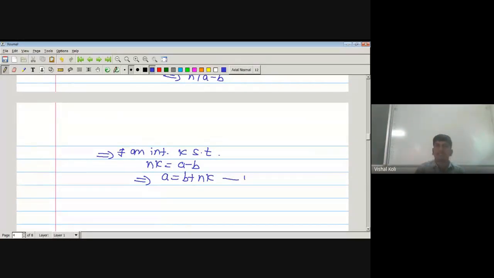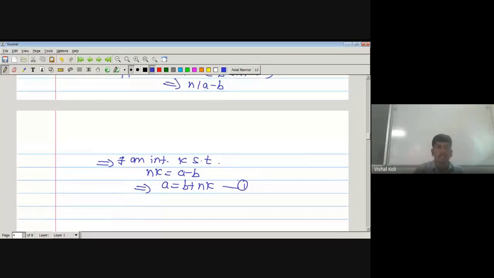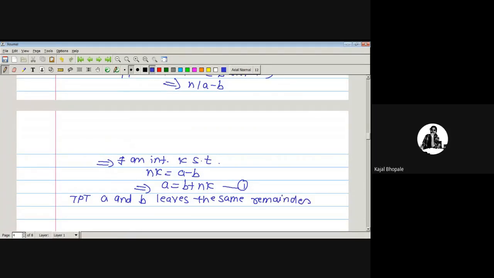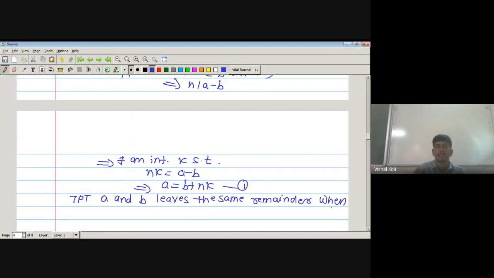Let's take this as equation 1. Now we have to prove the second part, which is to prove that a and b leave the same remainder when divided by n.